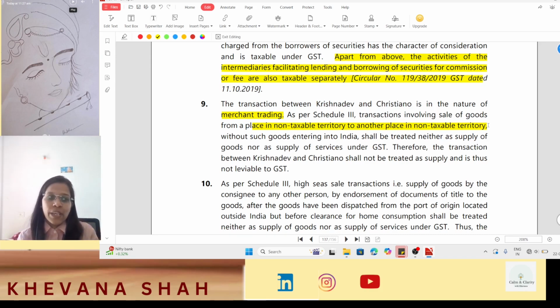Goods are directly being sold from China, that is one non-taxable territory, to Brazil, that is another non-taxable territory, without such goods entering into India. Then that should not be treated as supply of goods nor supply of services under GST, and therefore the transaction between Krishnadev and Krishnenu shall not be treated as supply and is thus not leviable to GST.